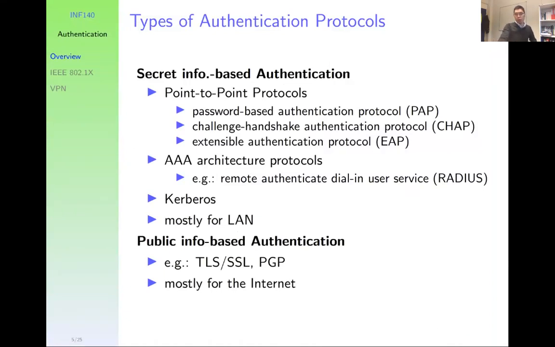Before that, there's also another architecture protocol called the 3A protocol based on remote authentication dial-in user service. It's rather long, so I normally just say it's RADIUS. And it's a very well-designed protocol that was used in local area networks a lot. And there are some other protocols. Kerberos itself is complicated, so I decided to skip it.